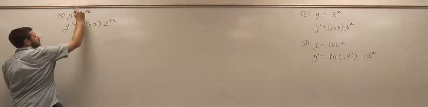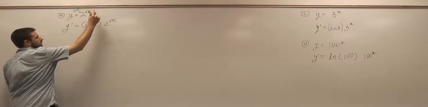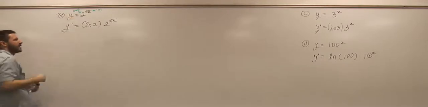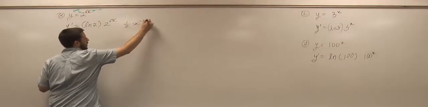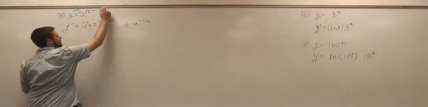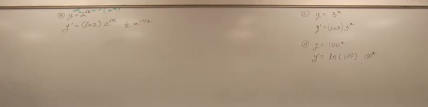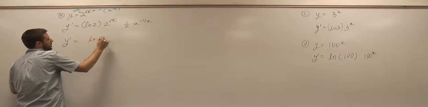The outside function 2, we took the derivative of right here, but the inside function we have to multiply by. So what's the derivative of root x? 1/2 x to the negative 1/2. Right? Because you have to think of root x as x to the 1/2. Say it again? 1/2 root x. Yes. So we can simplify it a little bit by bringing it down.